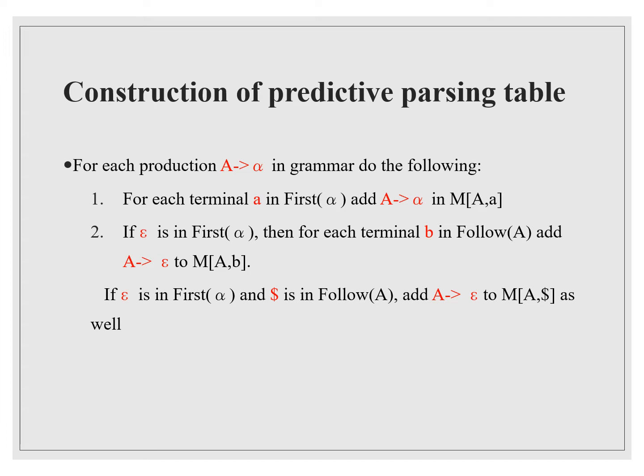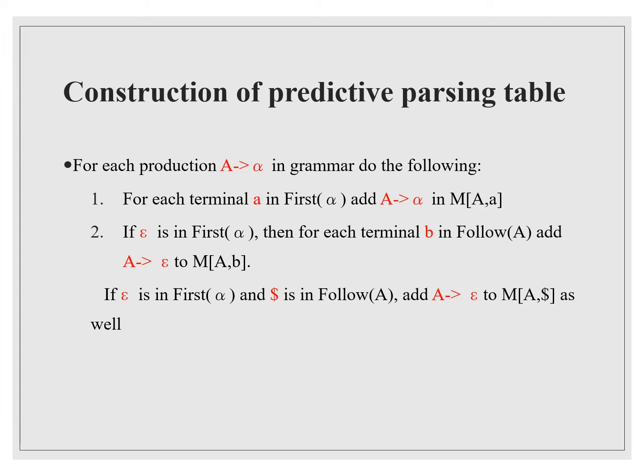Listen, students, first we have to construct a table. Listen carefully. As we know, a table contains rows and columns. Here the table name is capital M. The column entries are the set of all terminals.